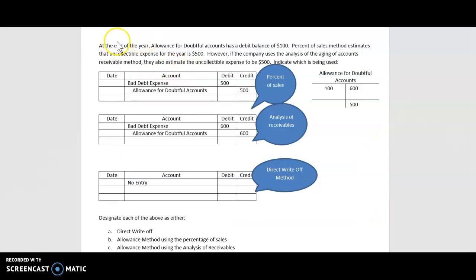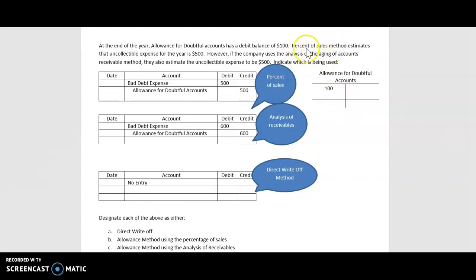Okay, so let's look. At the end of the year, the allowance account has a debit balance of $100. Okay, this means that they have actually written off more than they had expected. That means that this is a negative $100 balance for allowance for doubtful accounts. Remember, this is a contra asset account, so it has a normal credit balance. But that's okay, because we are about to fill it back up.